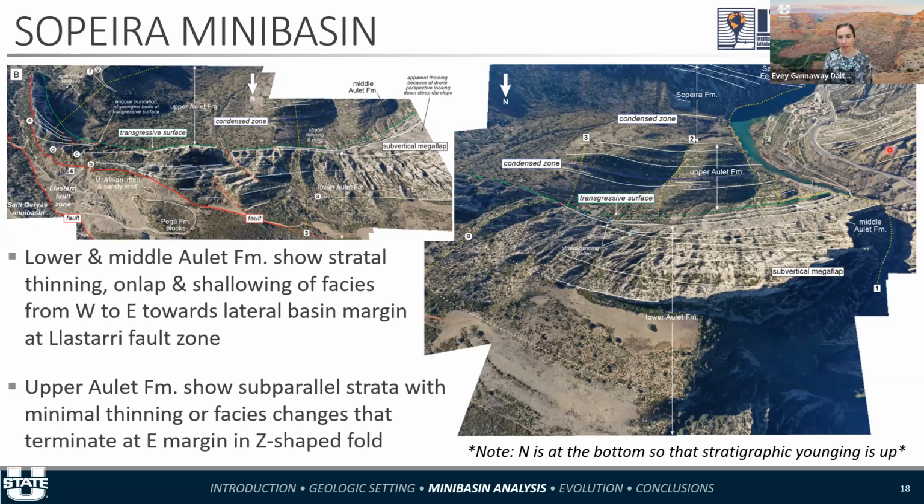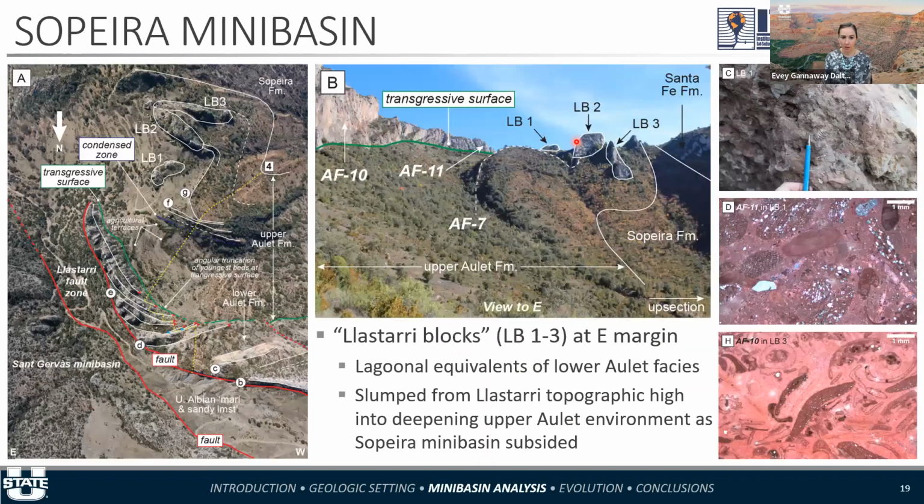Now, if we look at the upper Aulet, again we see basically subparallel strata that truck right along from west to east until they terminate at the eastern margin in this unique location, with a very prominent Z-shaped map view fold that we're going to see here in just a second.